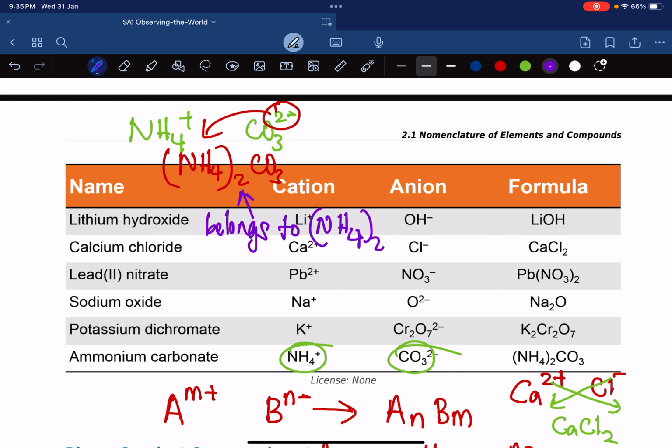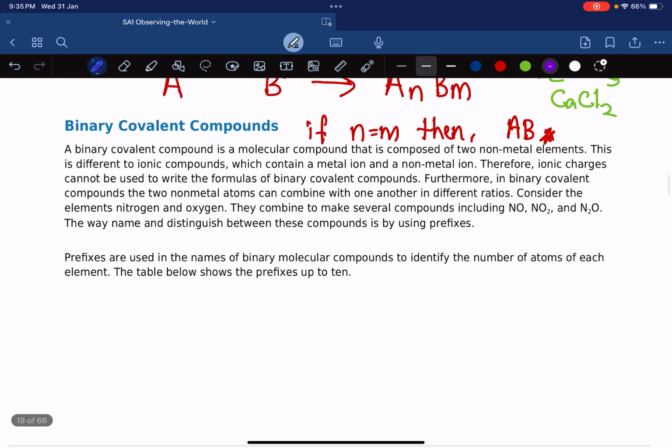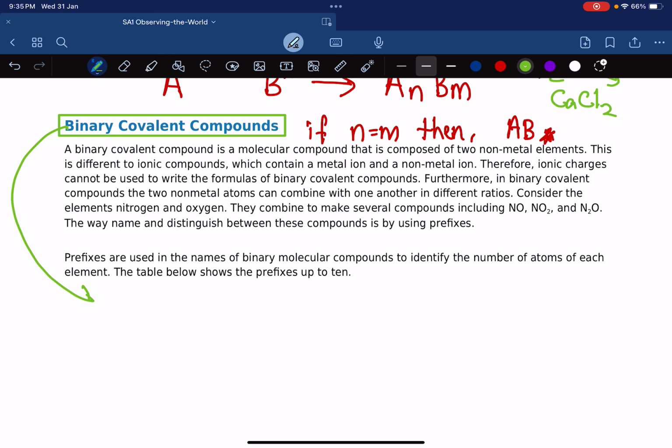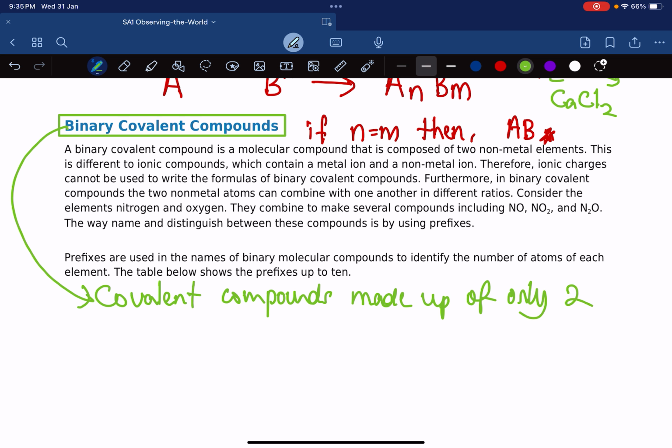All right, then that brings us to binary covalent compounds. Again, the word binary means 2. Binary covalent compounds are covalent compounds made up of only 2 different atoms.